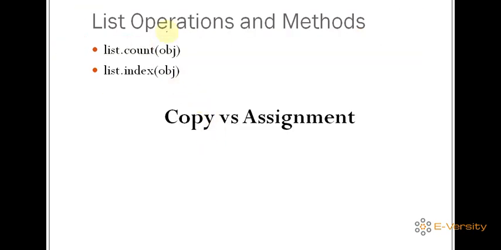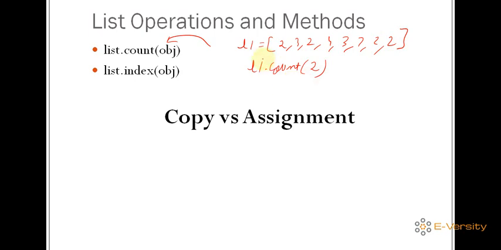Now two other functions are list count and list index. For count you can pass any object. So suppose you have a list L1 is equal to 2 3 2 4 3 7 2 2, and if I write L1 dot count 2, it counts how many occurrences of 2 are available in the list.